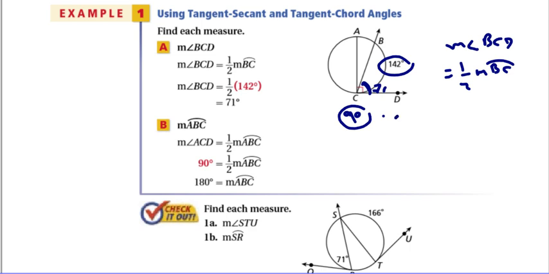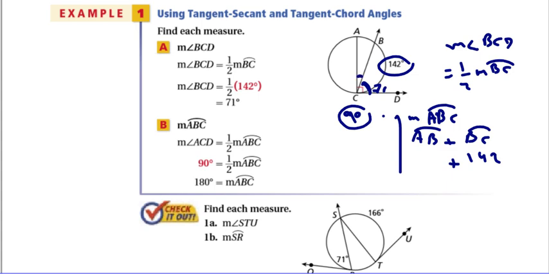Another solution: the measure of arc ABC equals the sum of arc AB plus BC. BC equals 142. I need AB. AB is opposite to this angle. This angle equals 90 minus 71, which will be 19.